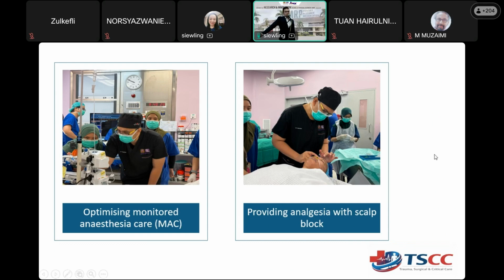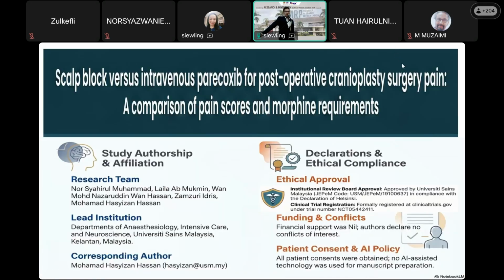That's why we came up with this study, scalp block versus intraoperative Parecoxib. We usually use Parecoxib for post-operative pain management. We want to compare scalp block versus intravenous Parecoxib for patients who undergo cranioplasty, comparing the pain score and the morphine requirements of the patients.